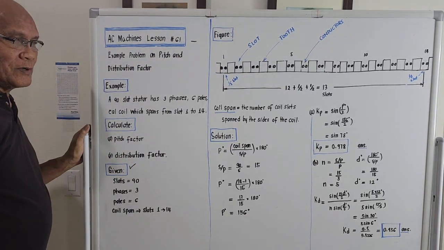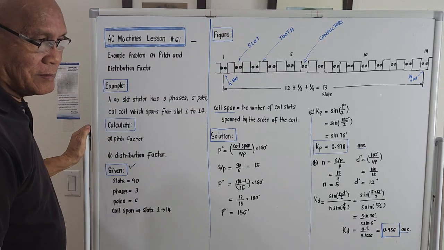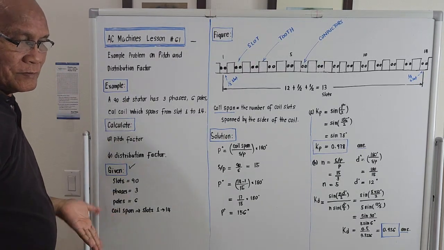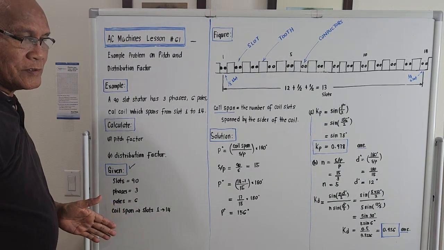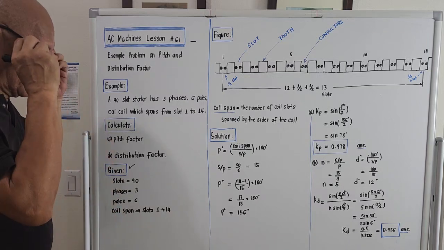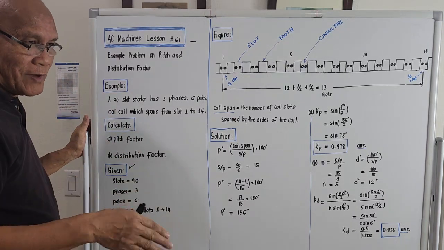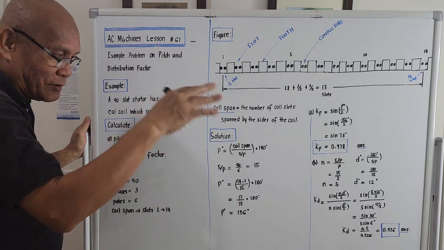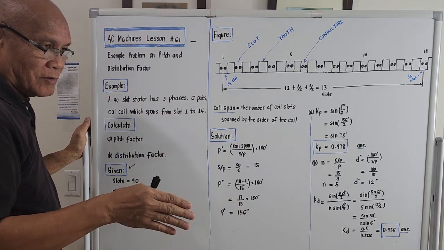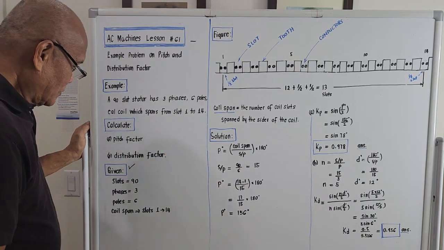Because we have a big machine foundation, concrete is expensive, and the vibrations are very big. So we try to minimize the speed of the alternator as it rotates to generate voltage.